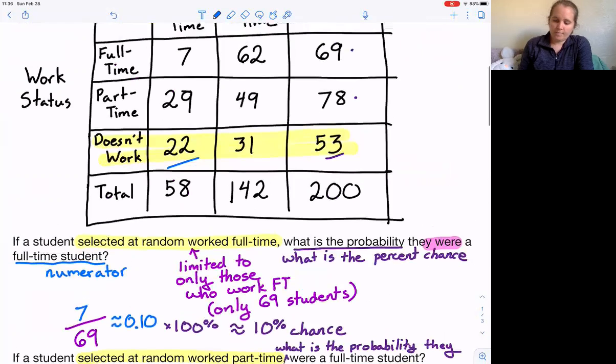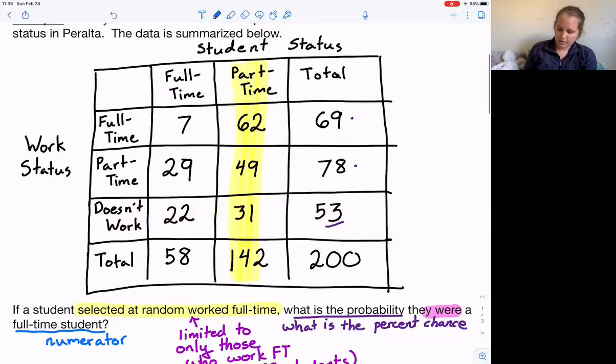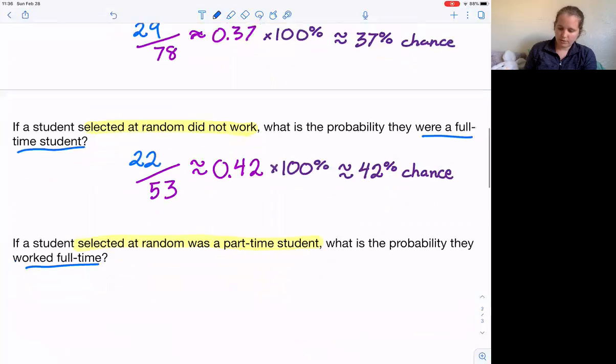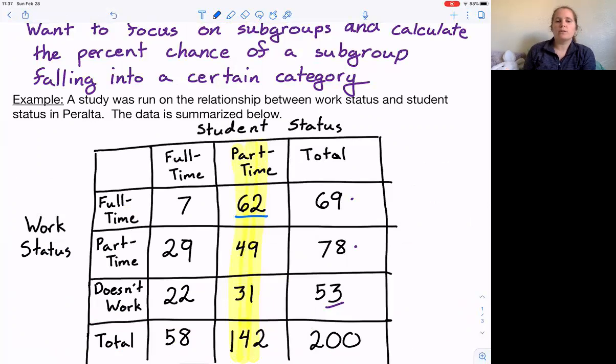Looking back, we are now limiting ourselves to part-time students. Of our part-time students, there were a total of 142 part-time students. And then we wanted to look at those who worked full-time. So 62 of those 142 worked full-time.